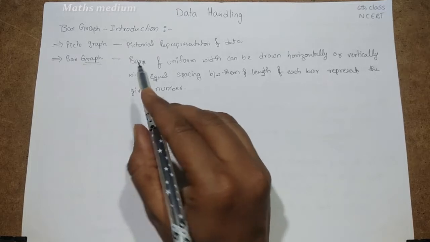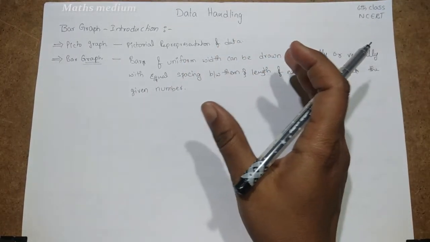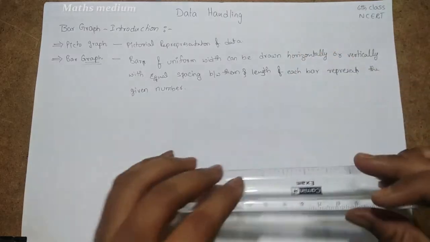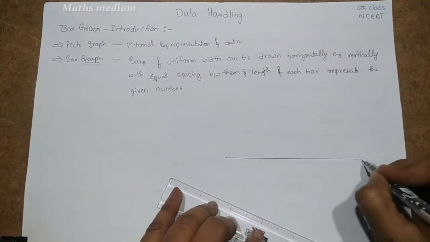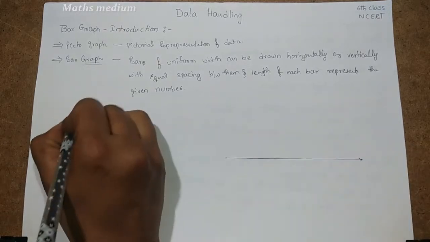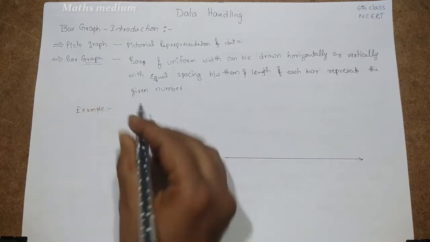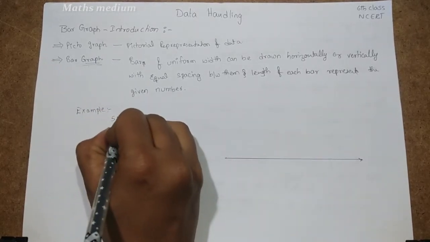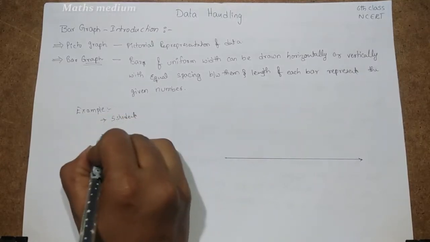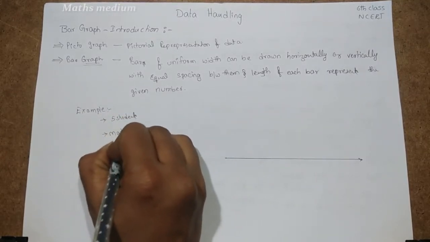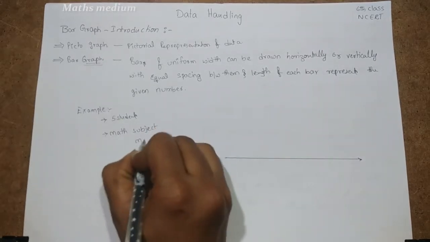I will explain with a small example, then you will get a better understanding. Let's take a scale. The problem is: 5 students, math subject marks.